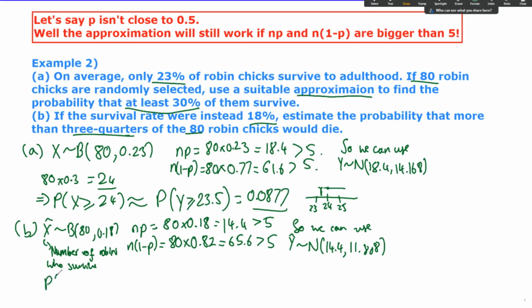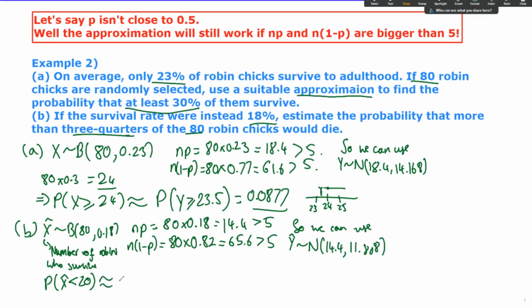Instead of writing greater than or equal to 60, we're going to write less than 20, because it doesn't say 3/4 or more, it just says more than 3/4.